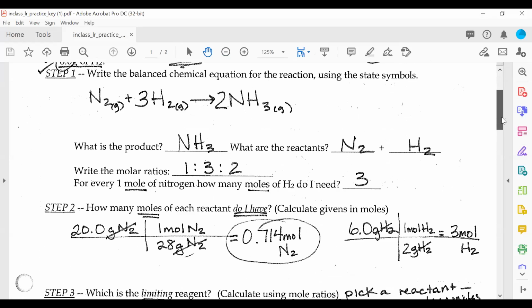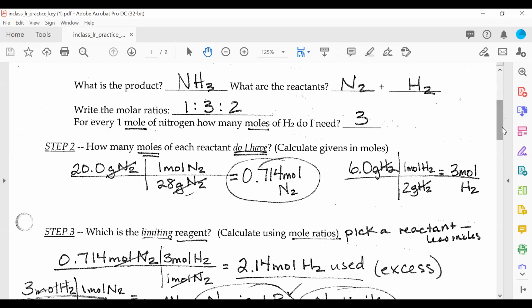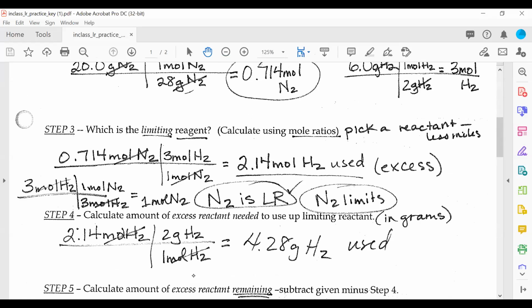It's basically the same thing that we just did, but they figure out which one is the limiting reactant first, and then they actually calculate it. So you don't have to do grams to grams twice. For step number 3, it says which one is the limiting reactant, and calculate using mole ratios.